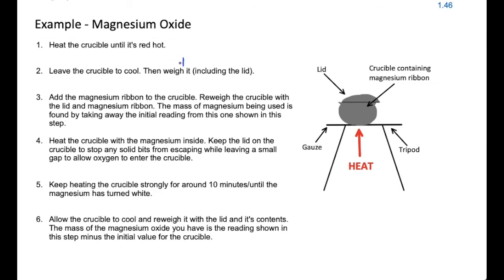That's our first value, from the mass obtained in step 3. Now the first value accounts for just the crucible and the lid. The second value that we get accounts for the crucible, the lid, and the magnesium.